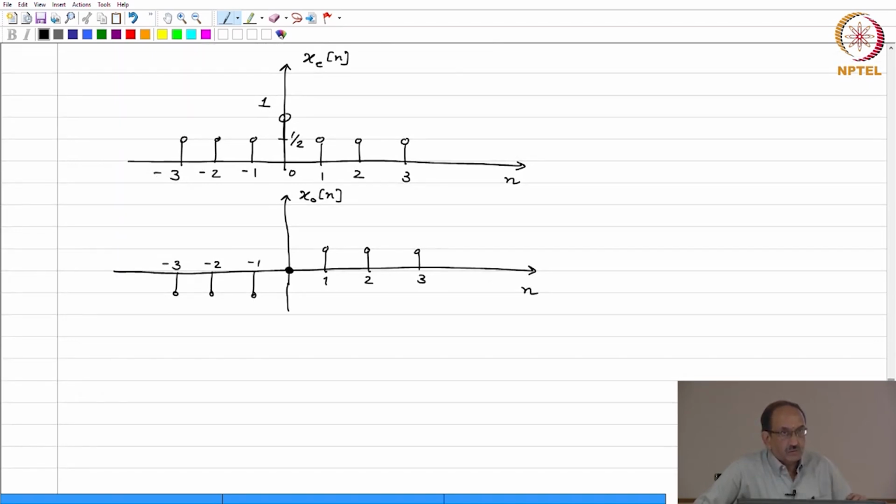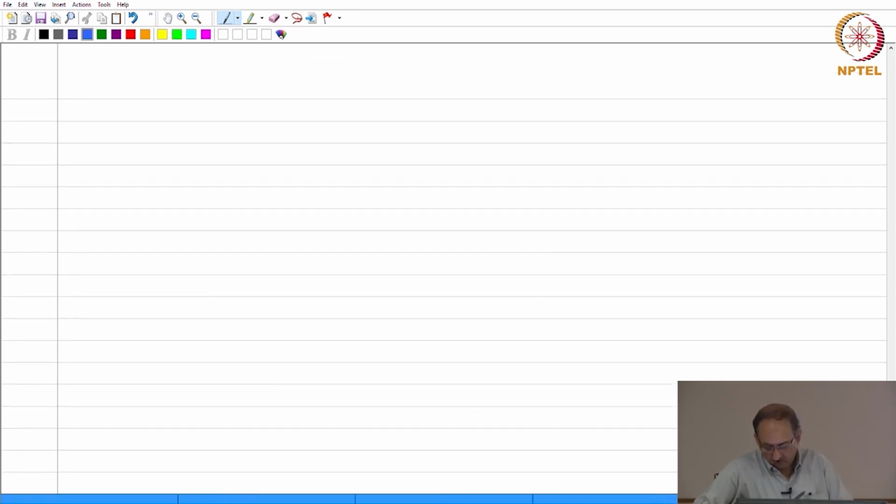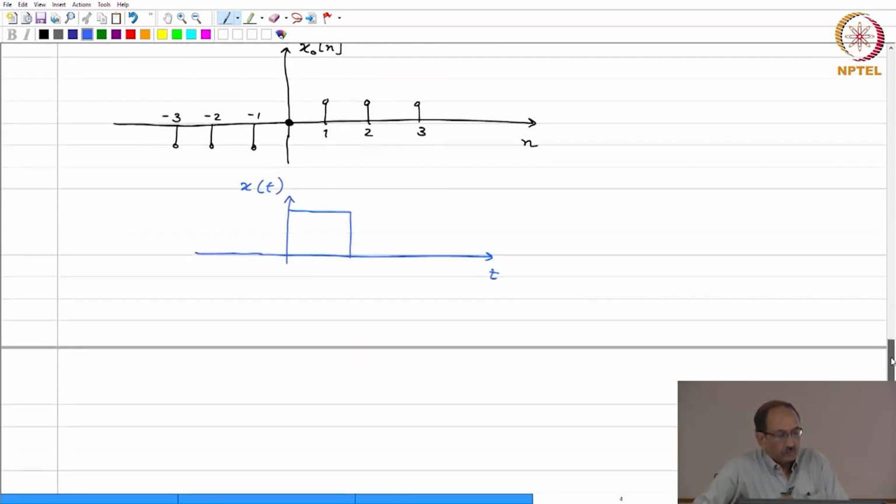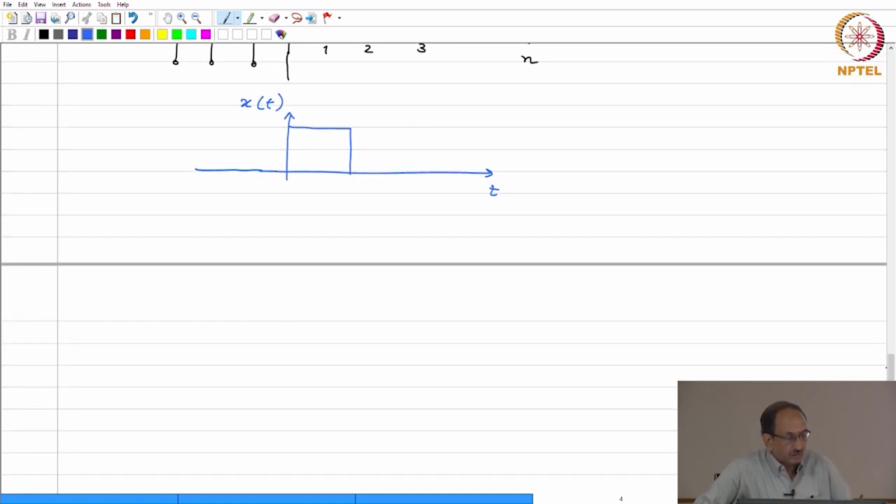Now let us look at this for the continuous time case. Suppose you have x of t like this, and if you try to break this up into its odd and even parts, so this is x of t plus x of minus t by 2, that is the even part.